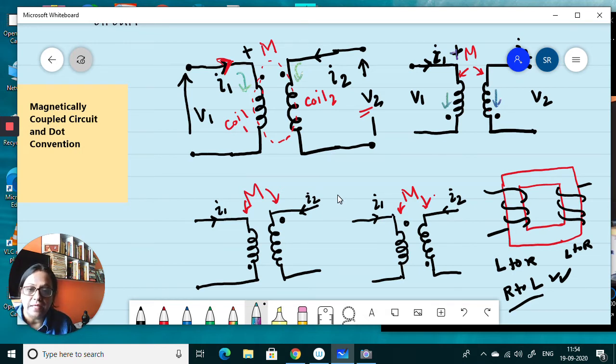In the second set of figures, we can see in one coil the current is entering the dot, while in the other coil the current is leaving the dot. And in the other figure, this one is leaving the dot and here the current is entering.